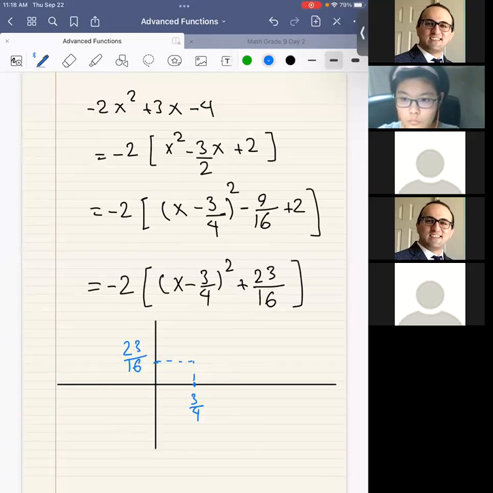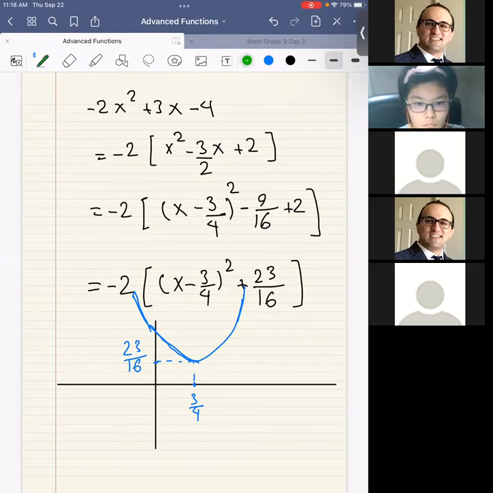If you just neglect minus 2, it would be something like this. Ignoring minus 2, you have this picture. Now, when you multiply it by negative 1, you have to flip the shape.